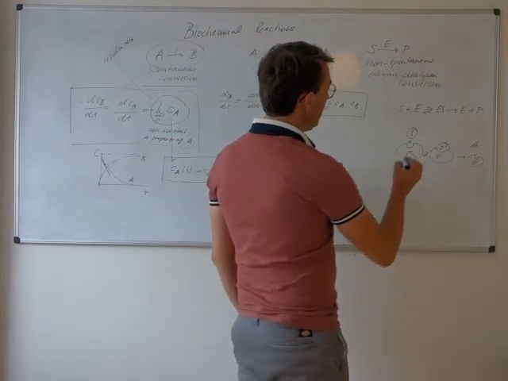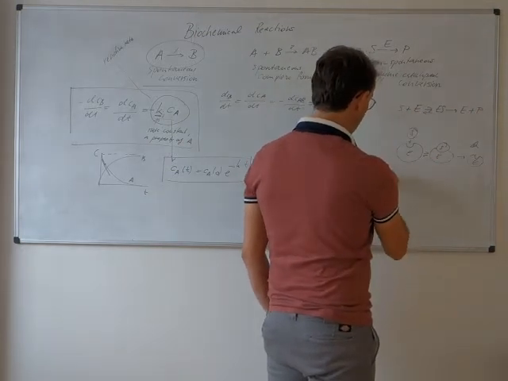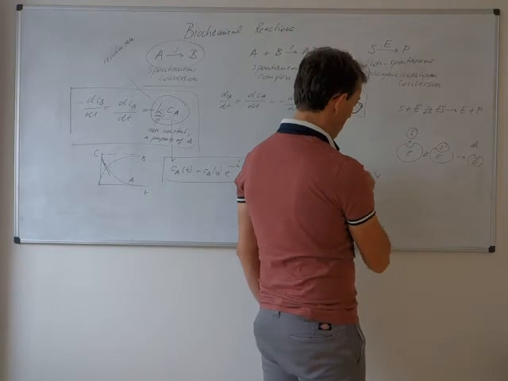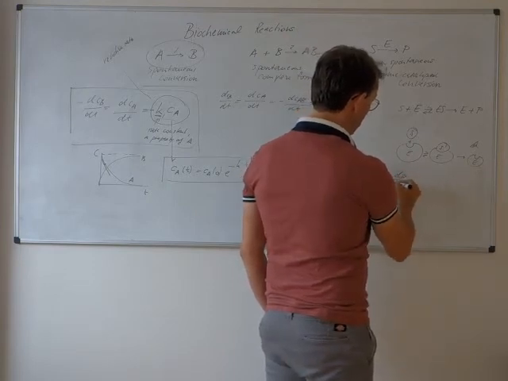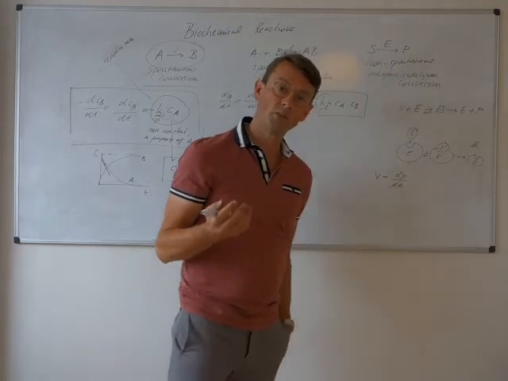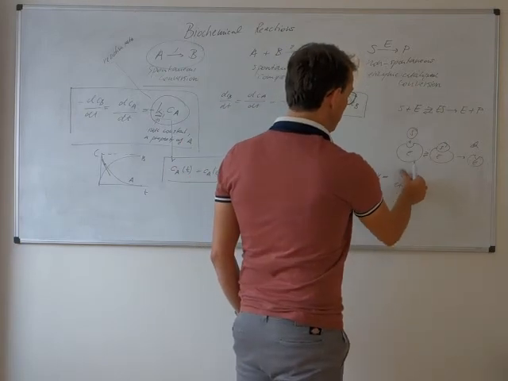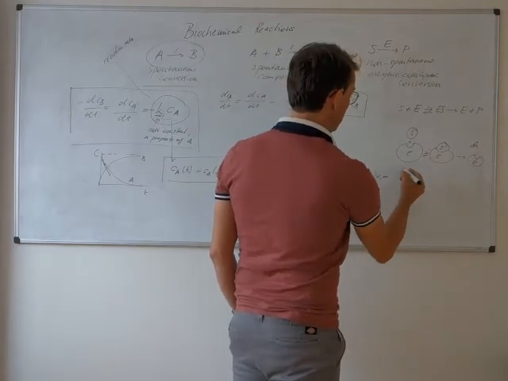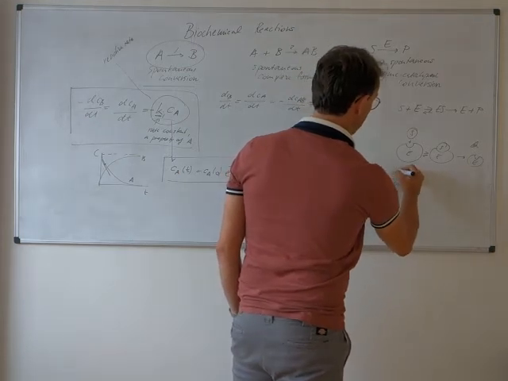So the rate of this reaction, we would denote that by V, okay? And let's say that is going to be equal to the increase in P. Okay, so the rate of the reaction, of course, you can quantify by the increase in the concentration of P molecules.